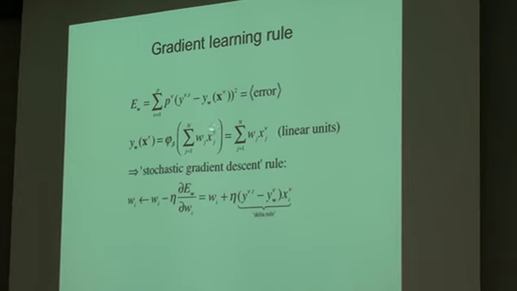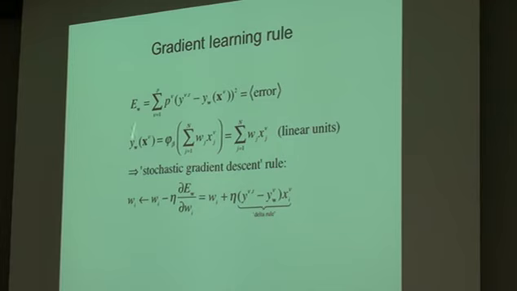So consider the average of the error you make when you present the input randomly to the network, one after the other, chosen randomly, many times over and over again. You can define the average error that you make. So this is the output for input ni, and this is the desired output. This is only different from 0 if you make an error, if you misclassify it. You want to minimize this.